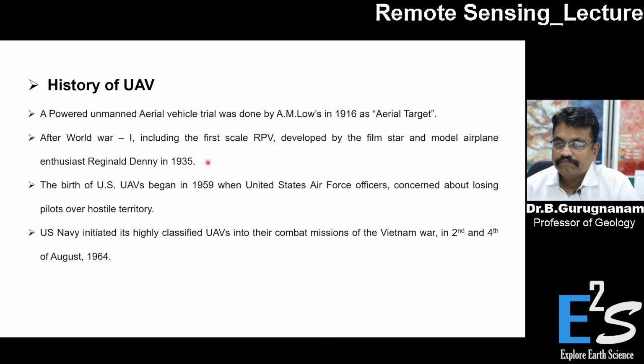The birth of the US UAV started in 1959 when US Air Force officers were concerned about losing pilots over Russian territory. The US Navy initiated its highly classified UAV into their combat missions of the Vietnam War on 2nd and 4th of August 1964.